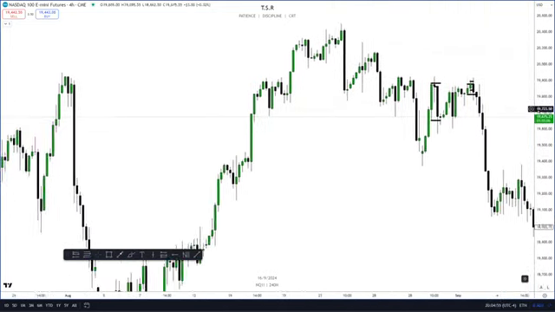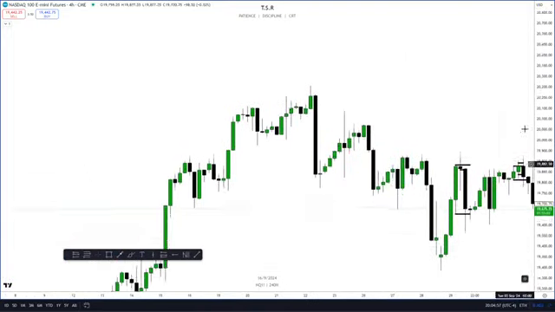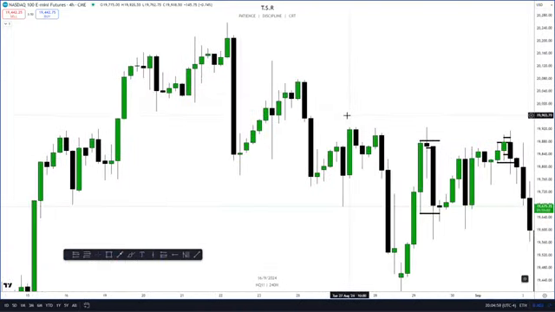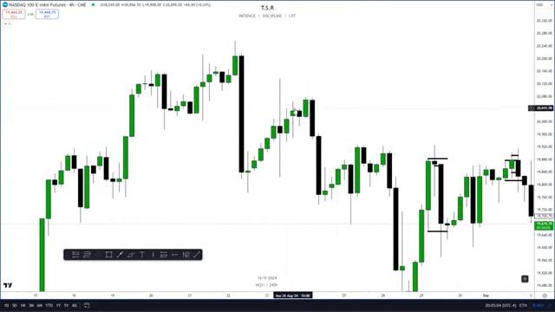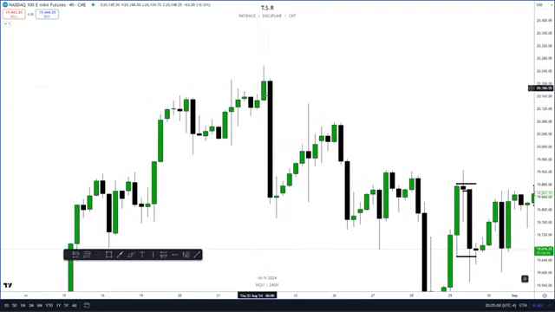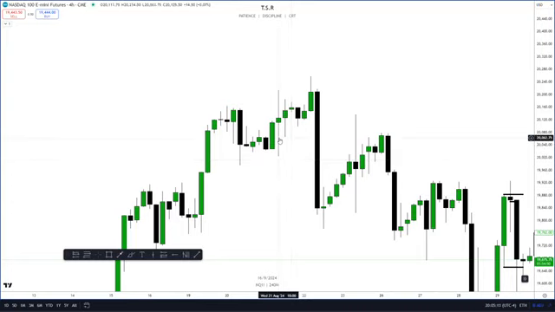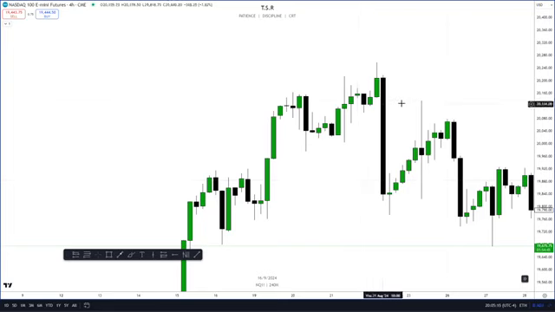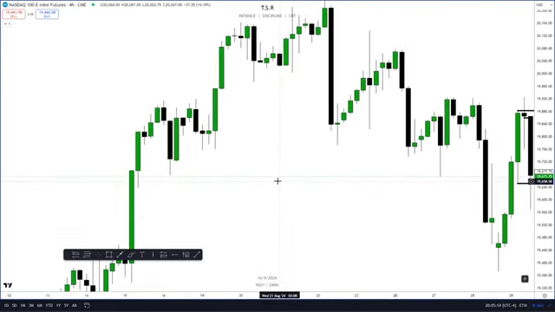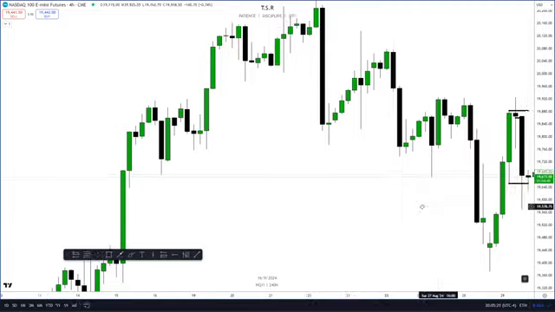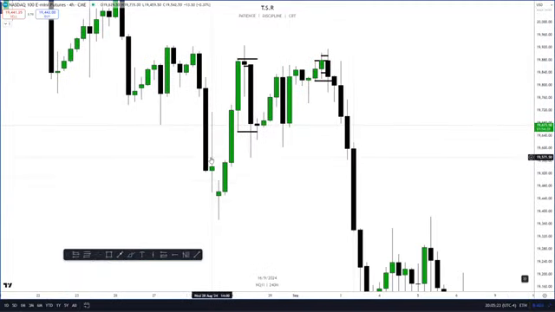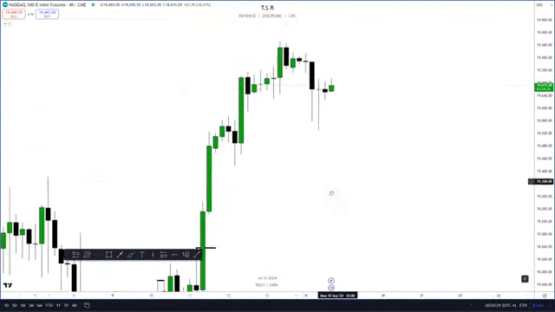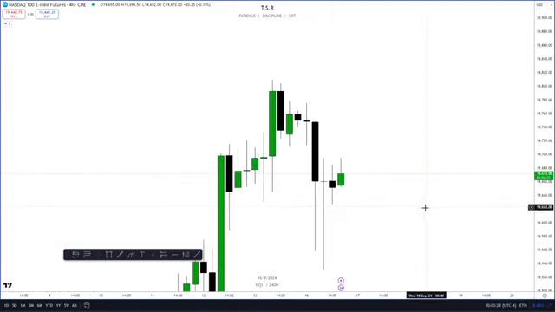Just delete all of this. 6 a.m. candle, no CRT in play. 6 a.m. candle, no CRT in play. 6 a.m. candle, no CRT in play. You know what? We're actually going to go with today's price action just for the sake of it.